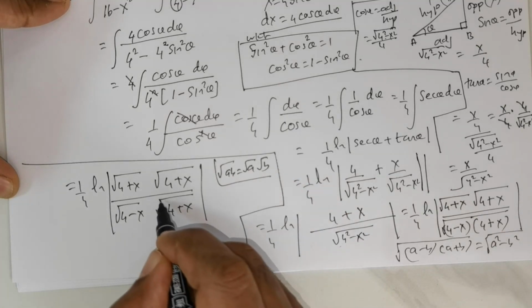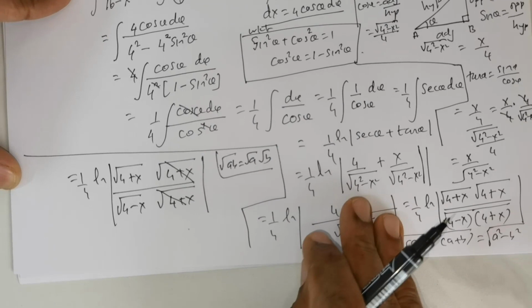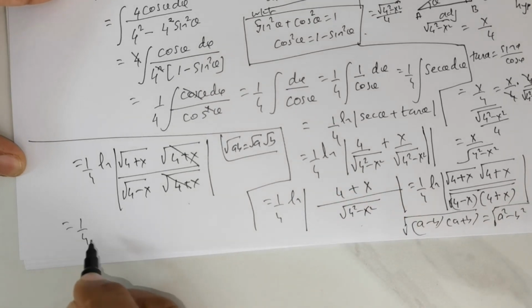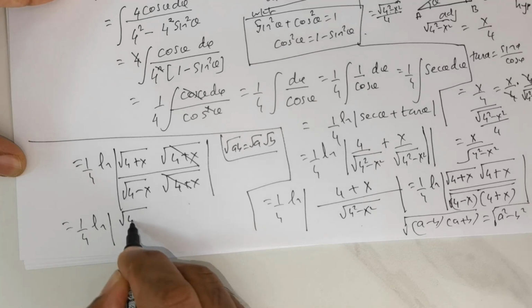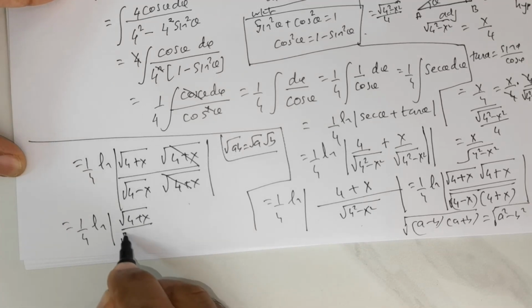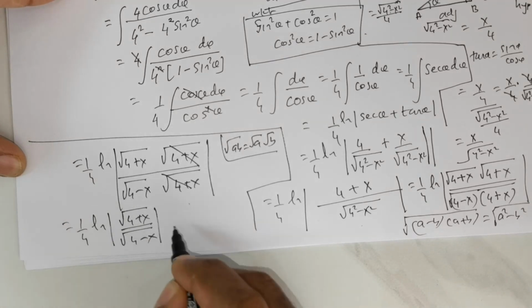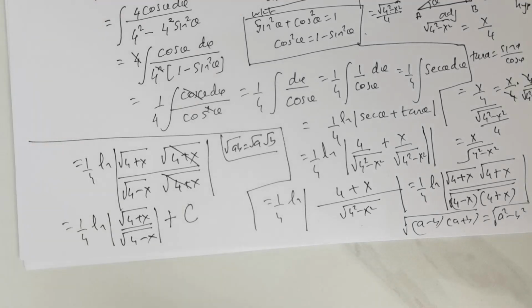Now can I cancel this with this? Yes, I can. Now can I rewrite this as 1 over 4 times ln modulus root of 4 plus x divided by root of 4 minus x followed by an arbitrary constant? Yes, I can do that. So that is the solution for this question.